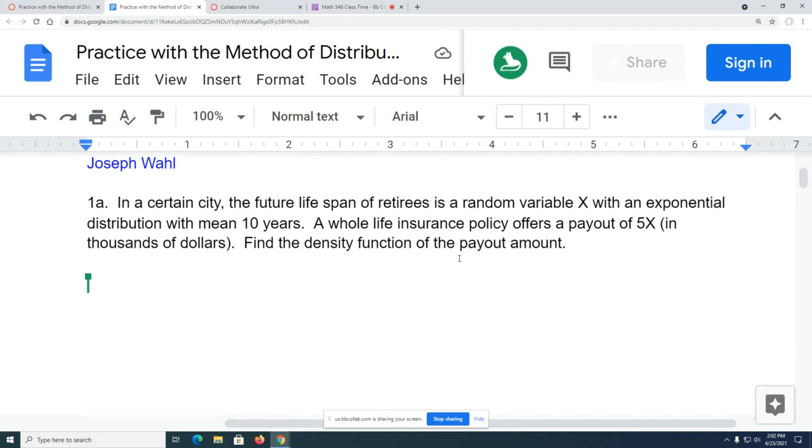So remember that the first step is to identify the range of possible values of our new random variable. So if you call that u equals 5x or y equals 5x, what's the range of possible values of that?